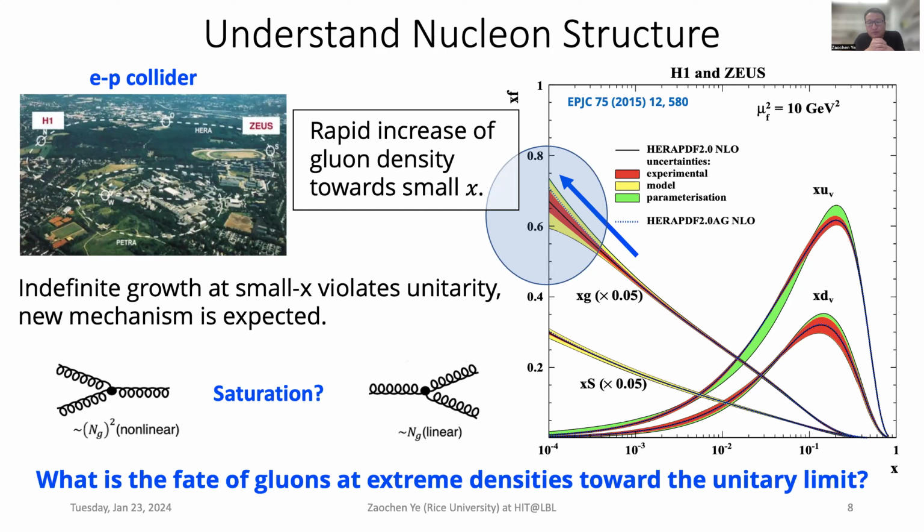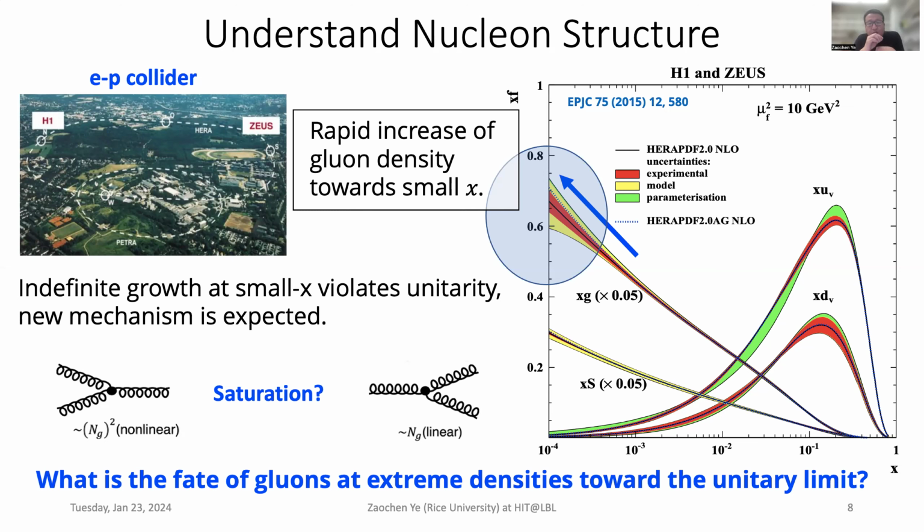While the growth of gluon densities is explained by the splitting of the soft gluons, on the other hand, we know two gluons can also recombine into one gluon. Such a recombination probability has a nonlinear dependence on the number of gluons.